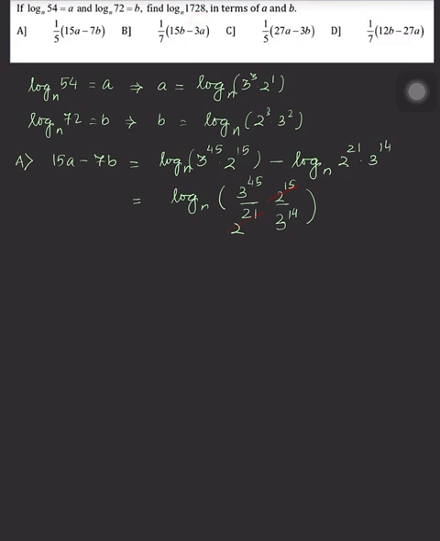Just for your sake, log base n of 1728 is 12 cube. 12 is 4 into 3, 2 squared, so this becomes 2 to the power 6 into 3 to the power 3.